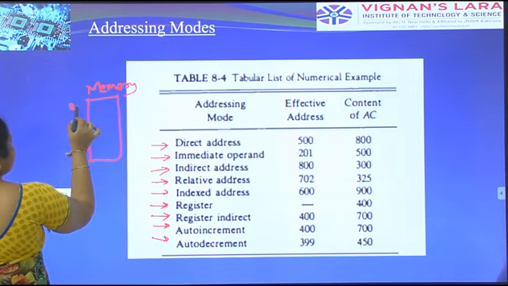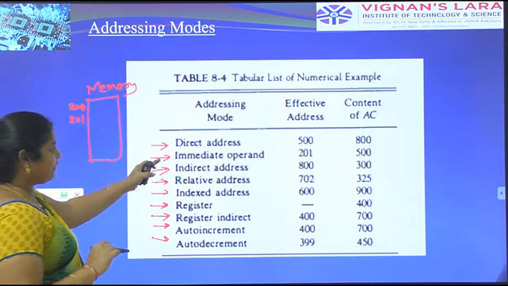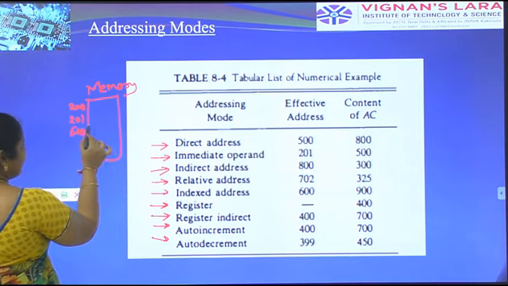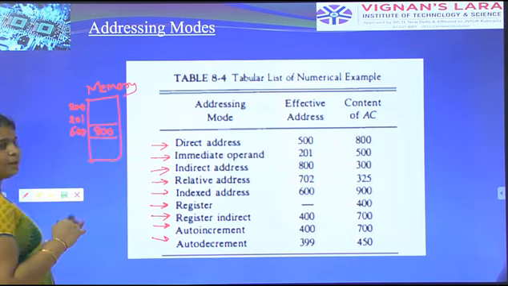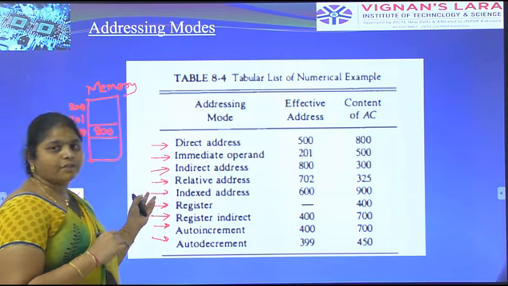Here we have to specify the addresses 200, 201 like that. In direct address, the effective address is 500. In this 500, the content is 800.